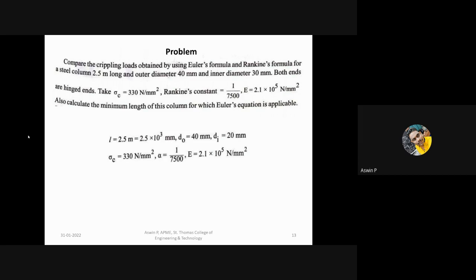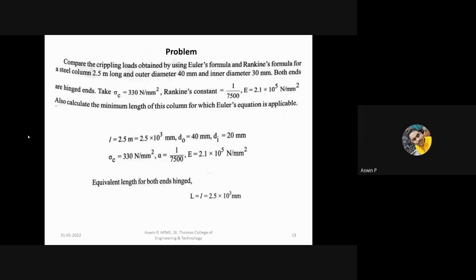Now you need to write both the equations. We have already studied that for a hinged support, with both ends hinged, LE will become L, that is 2.5 into 10 raised to 3. And we need to write Euler's equation first. Euler's equation is given as PCR equal to pi square EI divided by L square.